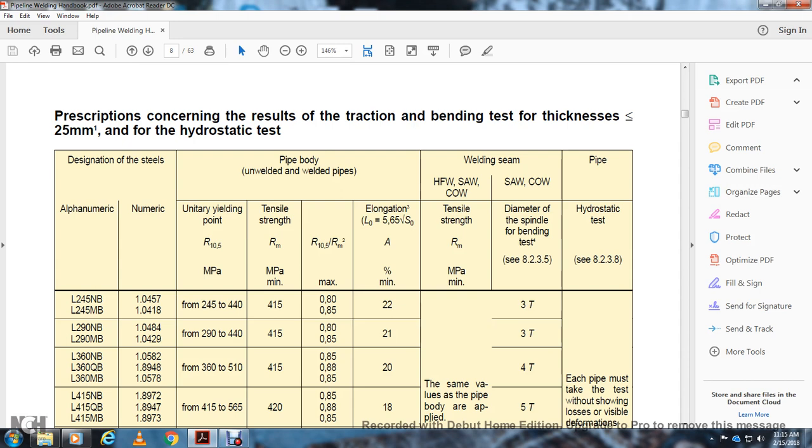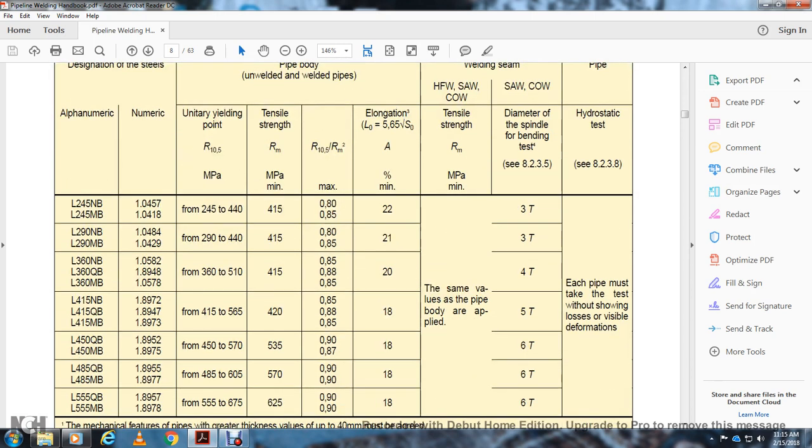Max elongation, tensile strength Rm minimum in pascals, minimum diameter, pipe and hydrostatic testing.